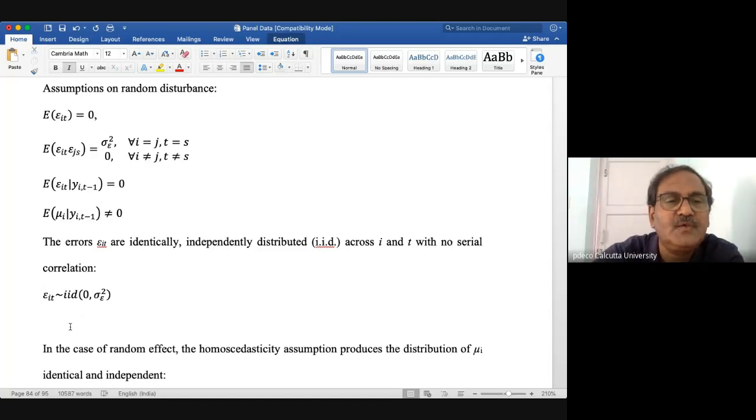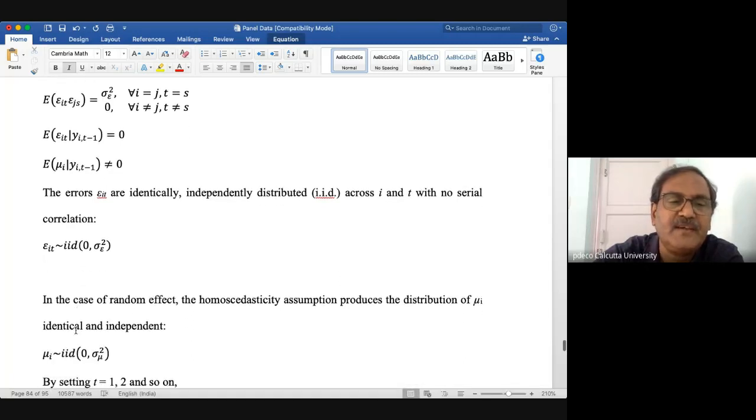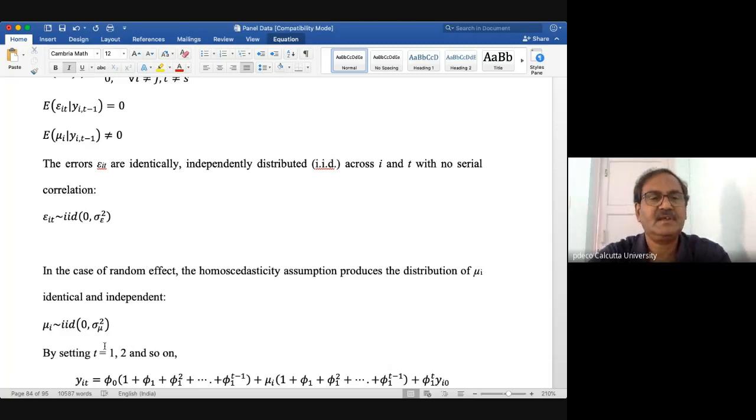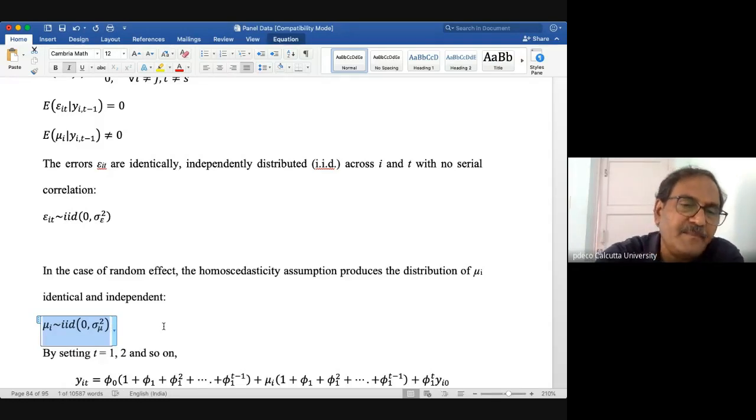Now, to estimate this model, if you follow the random effect kind of behavior, we need another assumption: the distributional assumptions of mu I. You can understand the utility of this assumption if you remember the random effect model we discussed in a static framework.